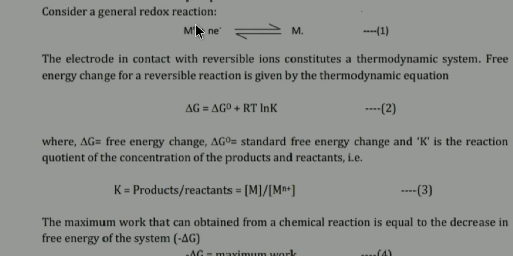According to the first equation, the product is M, and concentration is always written in square brackets. So I have written [M] divided by the reactant, which is Mn plus, the metal ion. I have numbered this equation 3.